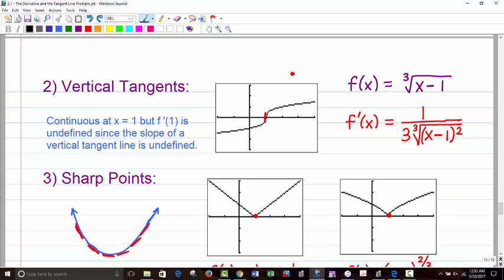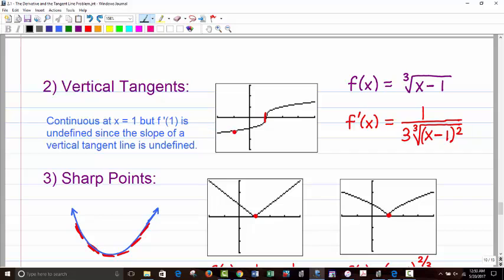Vertical tangents are a little trickier to see graphically. Like I said, I don't like to show graphs of a vertical tangent on the test, but I like to show the other ones. They'll come about if you know what the derivative of the function is.